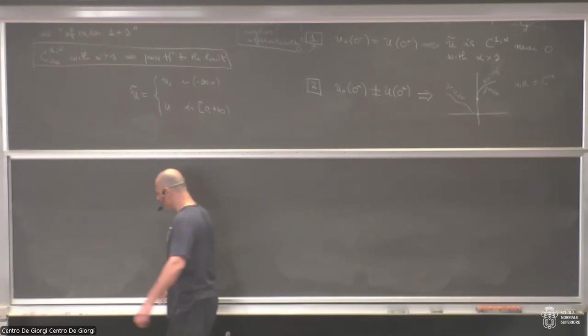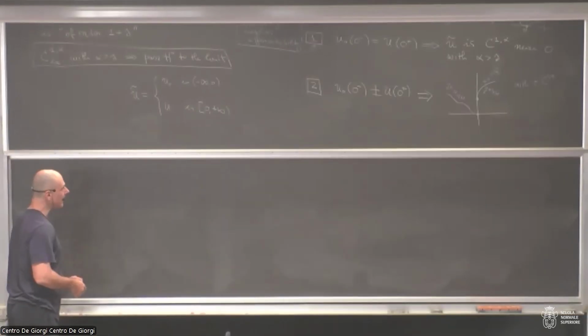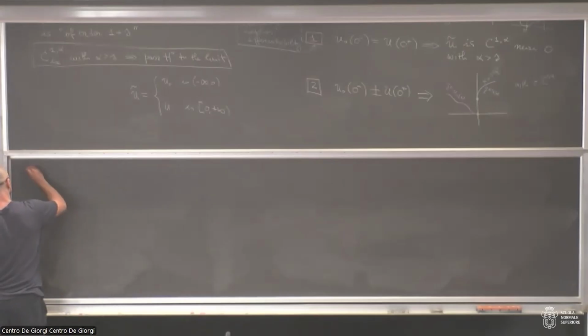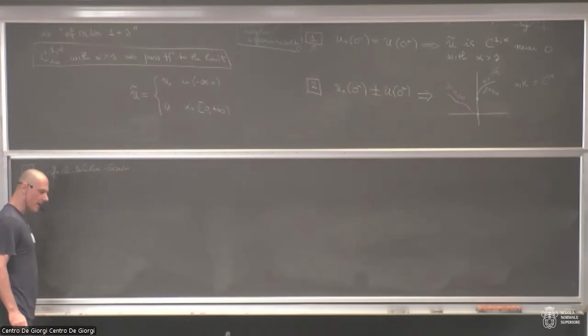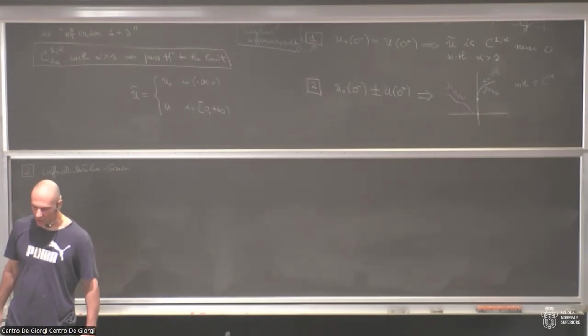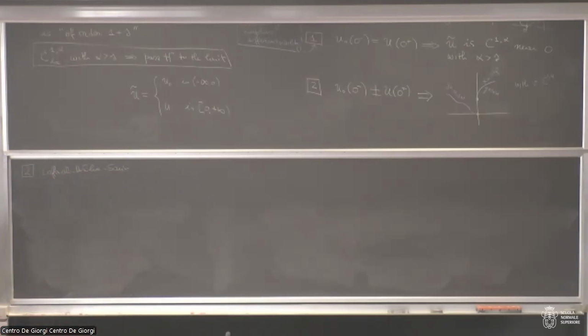Well, the proof of point 2 relies on a work by Caffarelli, Da Silva, Savin, which is about the obstacle problem for non-local minimal surfaces.